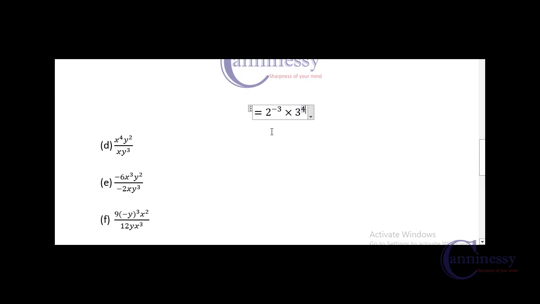Remember, as I've mentioned in the previous examples, we do not leave exponential expressions in negative form. They should always be in positive form. So here we have 2 to the exponent negative 5 multiplied by 3 to the exponent 4. So now we have to leave all the exponents in positive form.